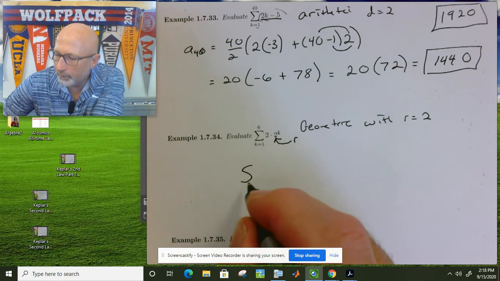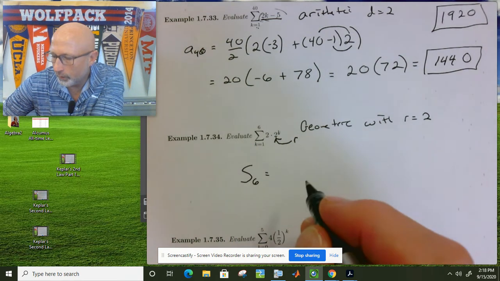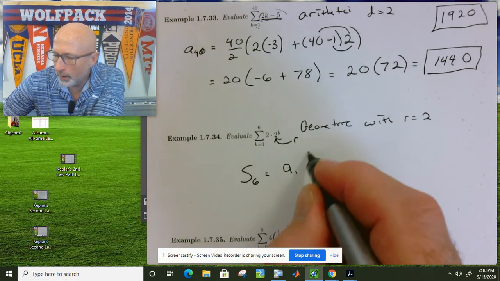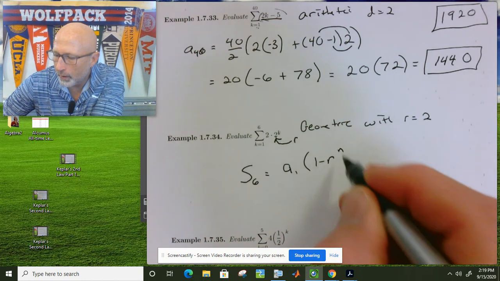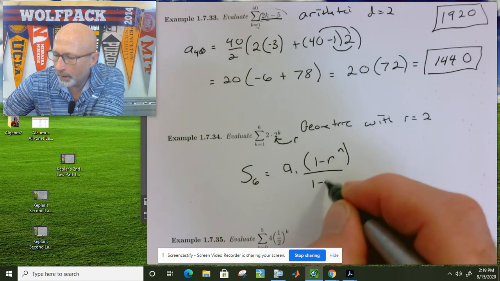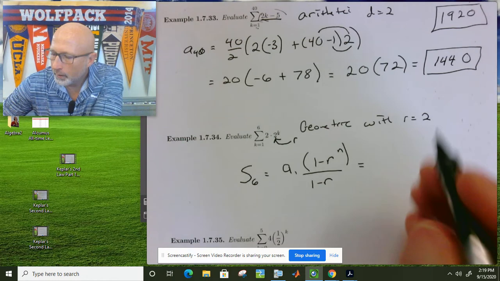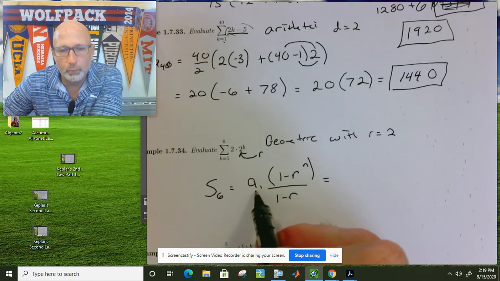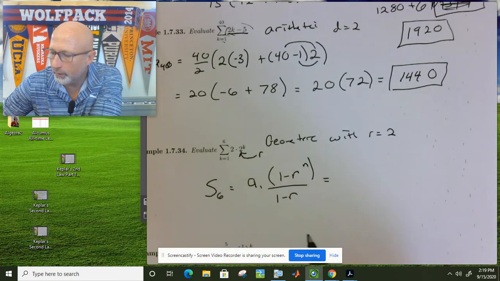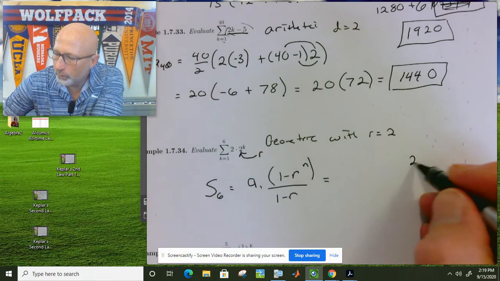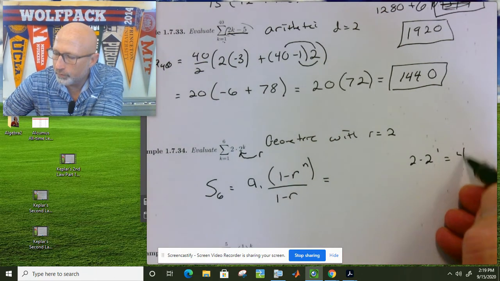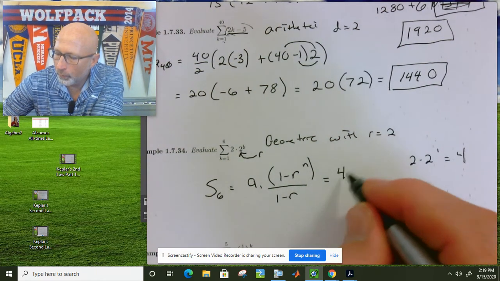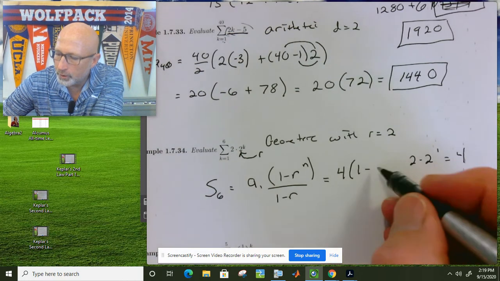So the sum of a finite geometric sequence is s of 6 is equal to a1 times 1 minus r to the power of n, all over 1 minus r. a1, once again, you get by plugging 1 into this equation. So you have 2 times 2 to the first, which just gives you 4.